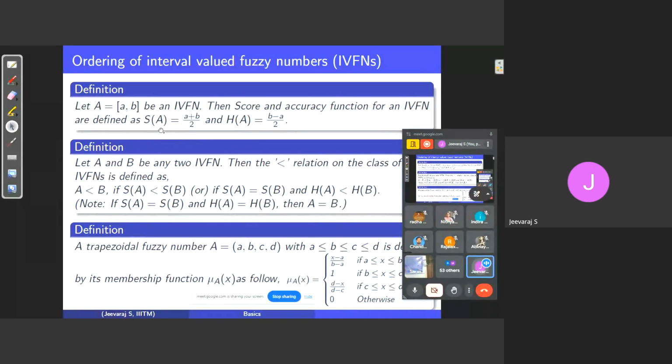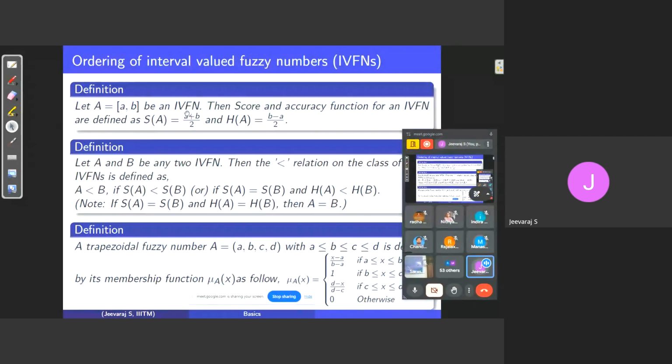S of B is (0.2 + 0.5) / 2, which is again 0.35. So S of A equals S of B. Then we would have to write A equals B. But it is clear that the closed interval [0.3, 0.4] is different from the closed interval [0.2, 0.5]. So by use of this score function, we cannot discriminate such kinds of intervals.